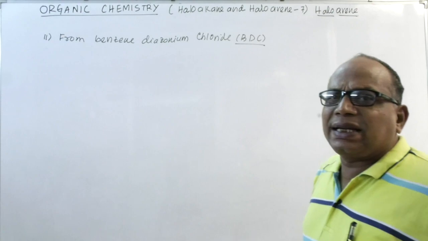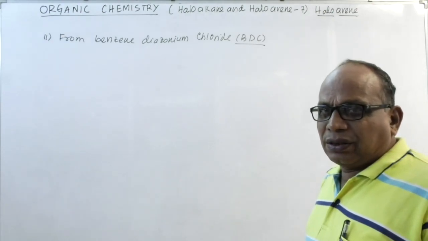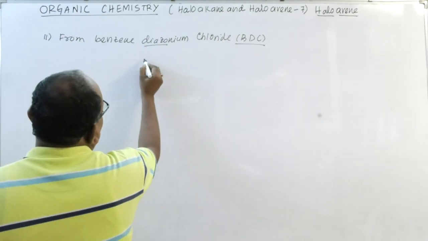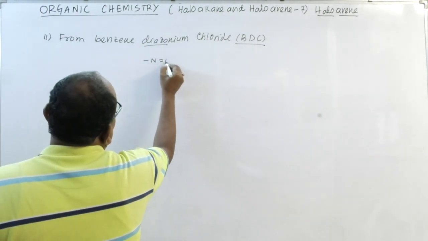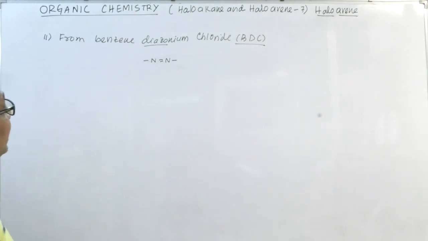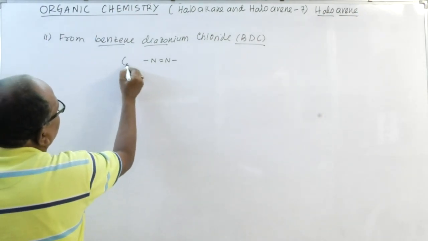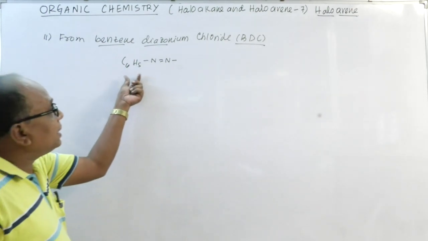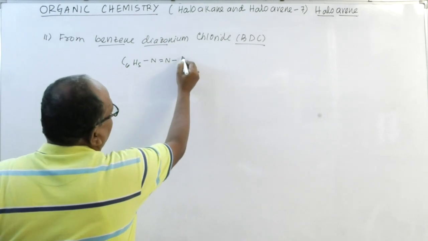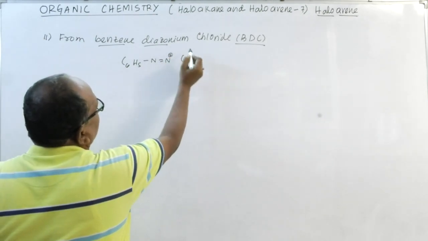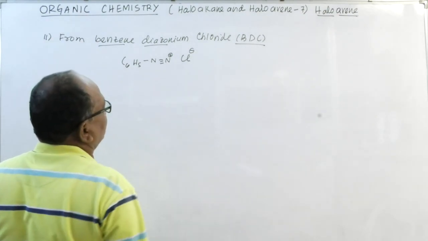What is this benzene diazonium chloride? Diazo means a molecule having a nitrogen double bond. This is called diazo. What is this benzene? Benzene here means the C6H5 phenyl group. And in benzene diazonium chloride, this is your plus, this is your minus.